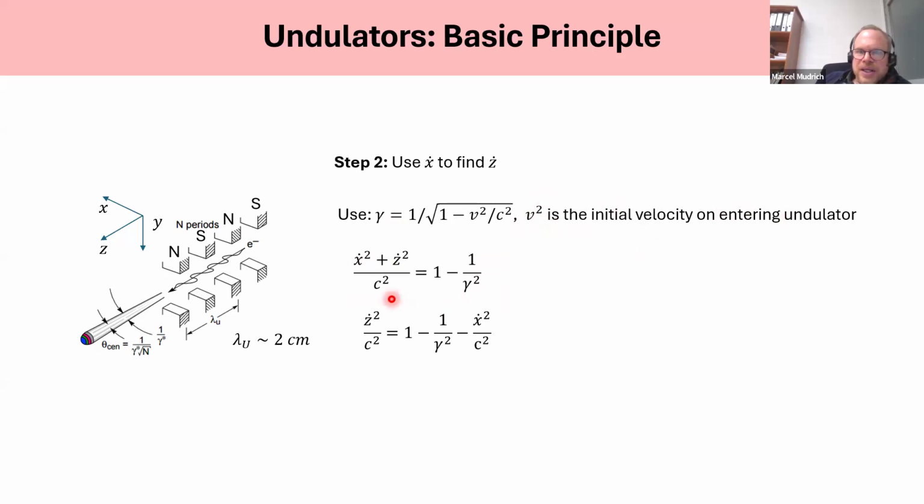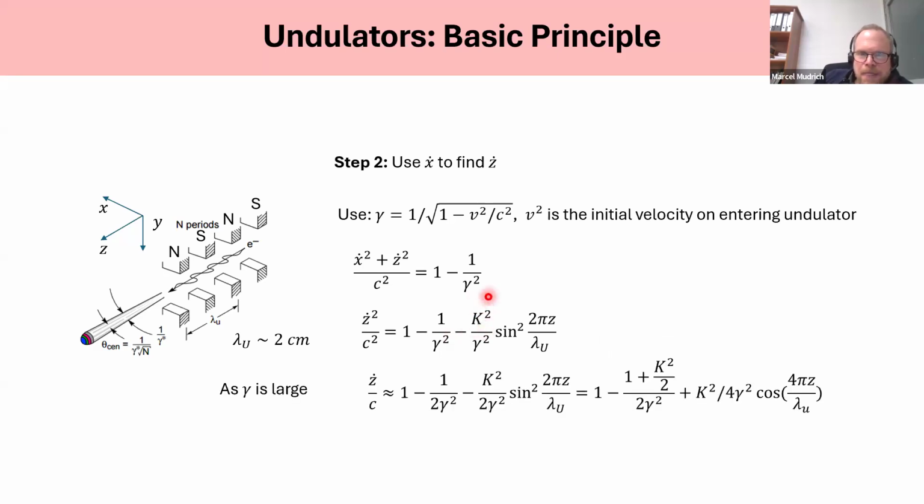So we can rewrite the formula this way, just changing the order of the terms. And that was the formula from just before with the definition of K, the undulator parameter. We get this expression.